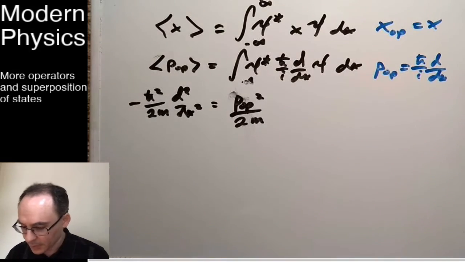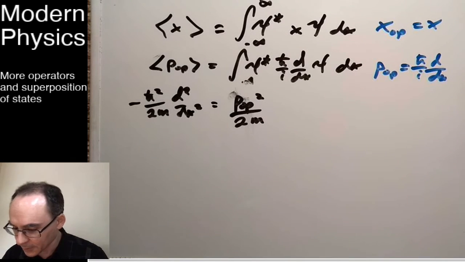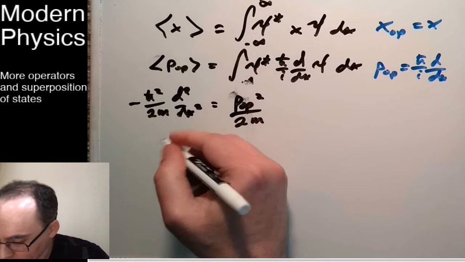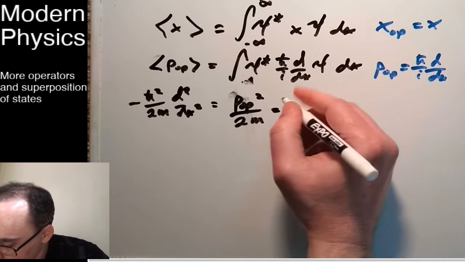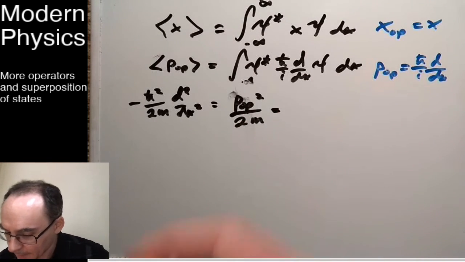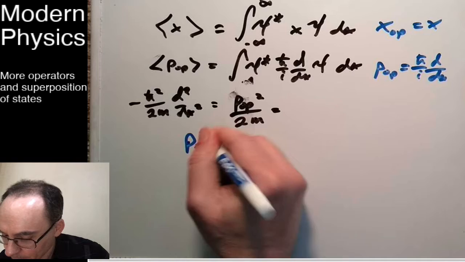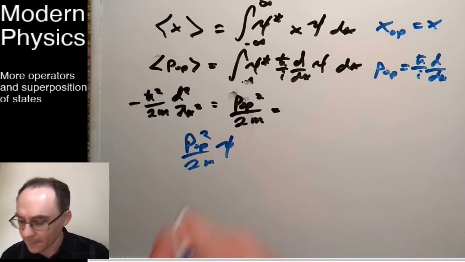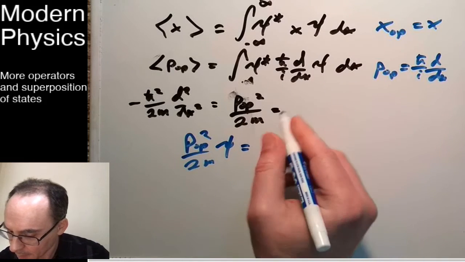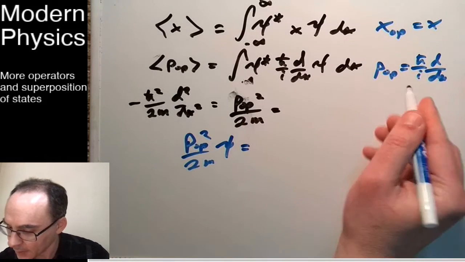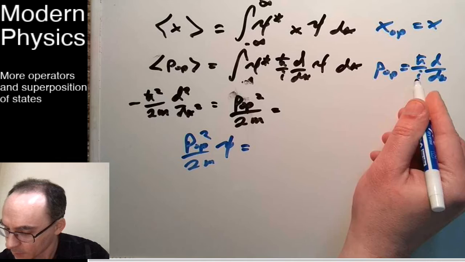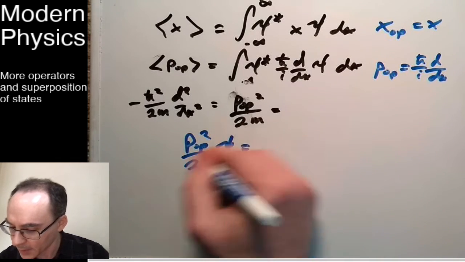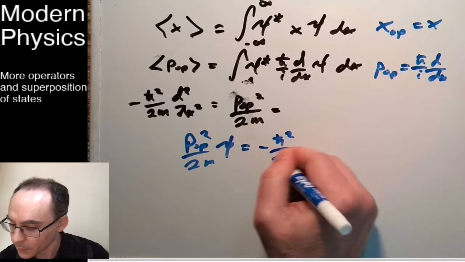So let me just write out what that does to a wave function. That means that I act on a wave function, then I can pull out the constants at least. So I've got an h bar squared and then the i squared at the bottom. That turns into a -1. So that gets me the minus h bar squared over 2m.